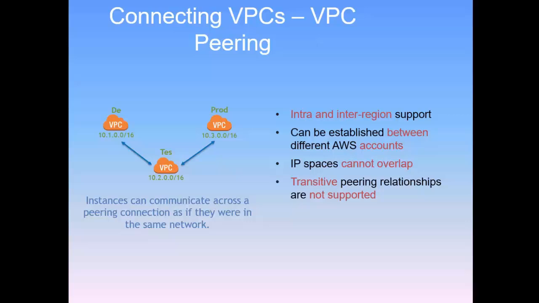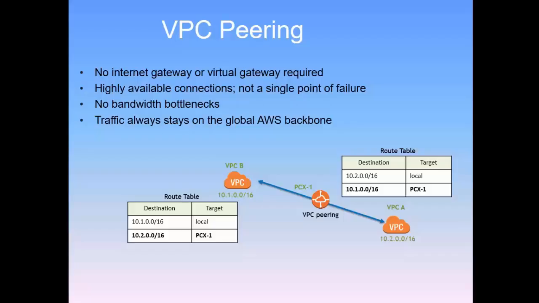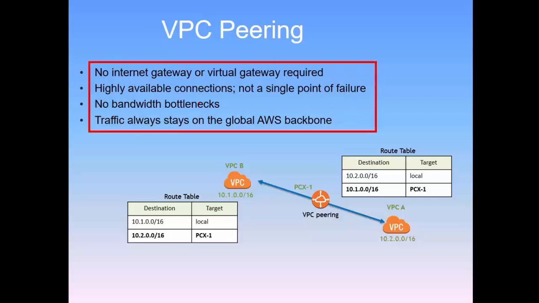Very simple topic, very small theoretical topic, and a very interesting practical demonstration that we do in the next video. In this case, no internet gateway or NAT is required. It is a highly available connection, not even a single point of failure, because it stays on the global AWS backbone network.